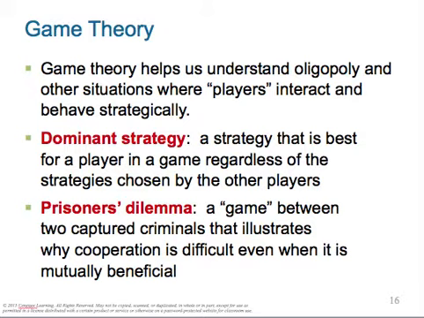So the dominant strategy, which is a term in the chapter, is a strategy that is best for a player in a game regardless of the strategies chosen by other players. It's their go-to strategy. It's what they think is the best thing for them. Okay? Prisoner's Dilemma is a quote-unquote game between two captured criminals that illustrates why cooperation is difficult even when it is mutually beneficial.